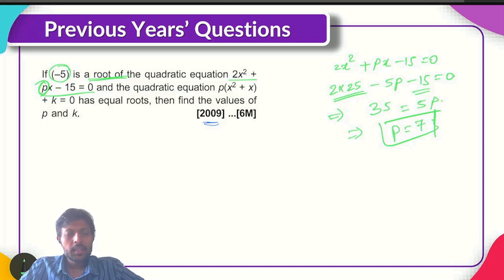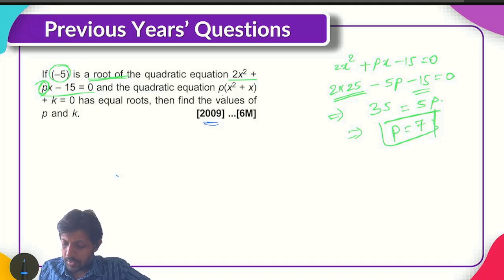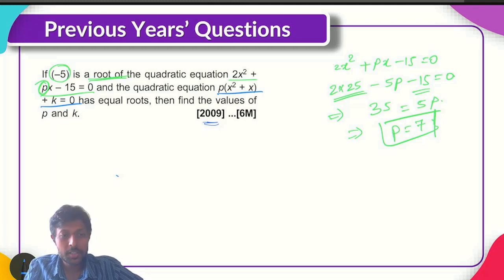Okay, and the next statement says that the second quadratic equation has equal roots. We'll use a different color. It says that the second quadratic equation, that means this, has equal roots. That means its discriminant must be 0.